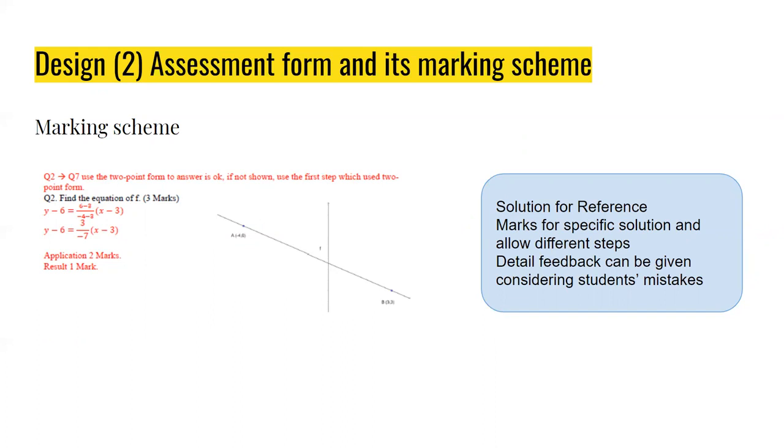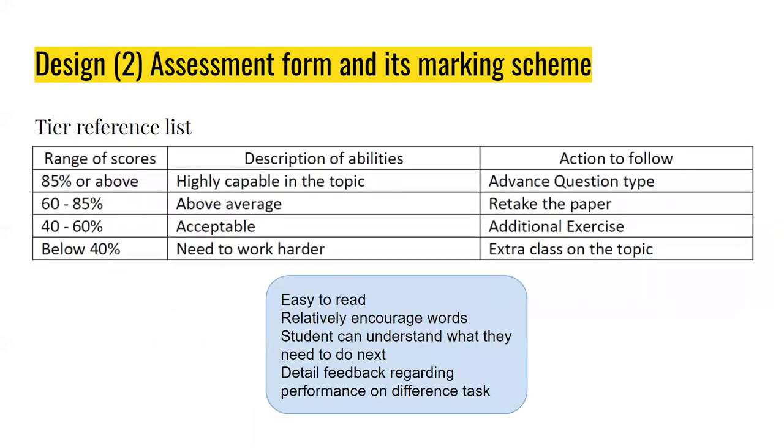Of course, detailed feedback is needed, but it should be based on the performance that the students actually show in answering the questions, instead of the filtered, general feedback listed in a 3-tier form in some kind of paper. The tiered reference list is to make it easy for students to read and give them a very concrete action to follow.